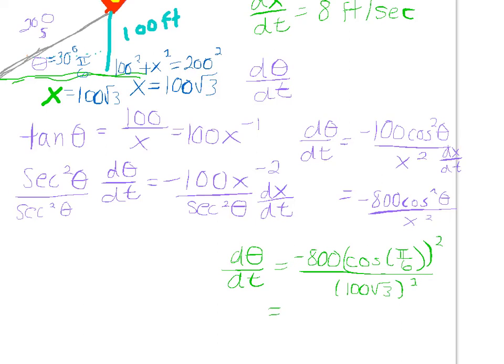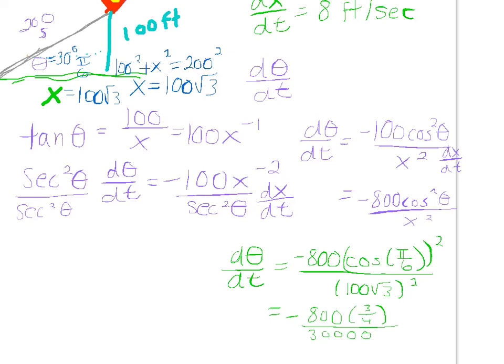So that gives me negative 800, and the cosine of pi over 6 is root 3 over 2. So if we square that, it would just be 3/4. And then the bottom would be 30,000, sorry, we would need 4 zeros.